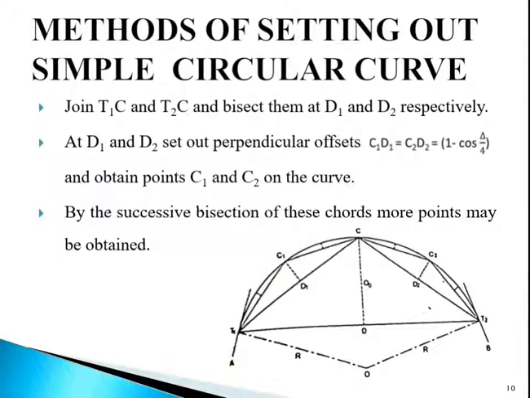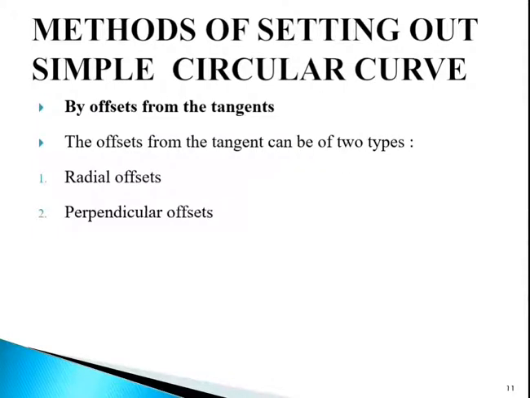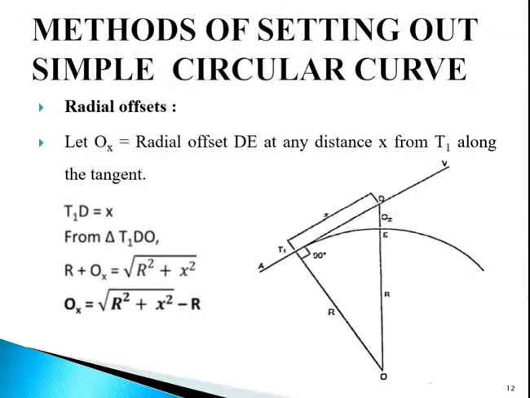Next is the method by offsets from the tangents. The offset from the tangent can be of two types: the first is the radial offset, and the second is the perpendicular offset. Let's start with the radial offset first.